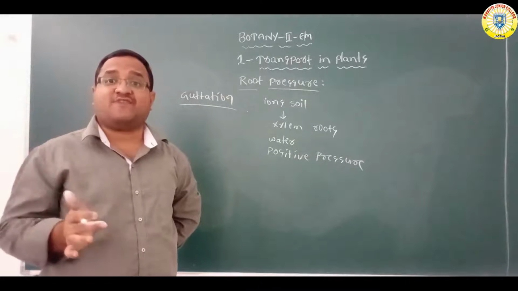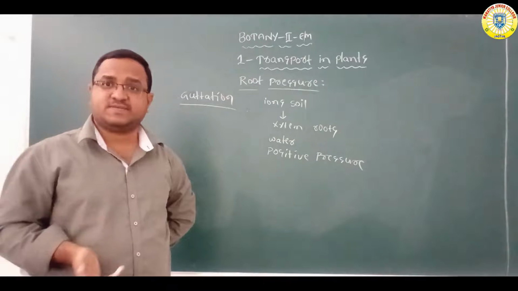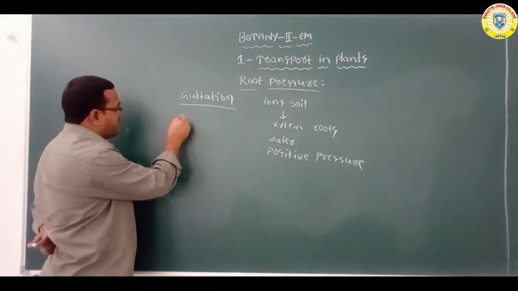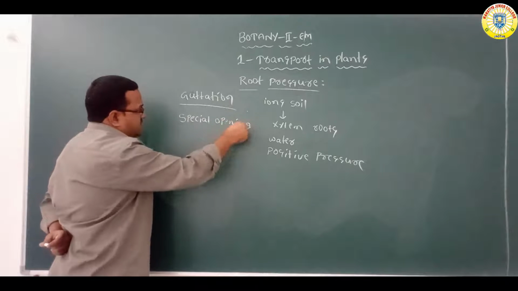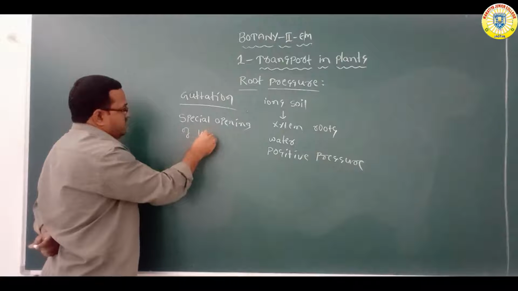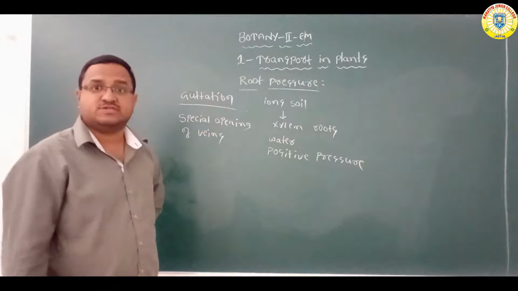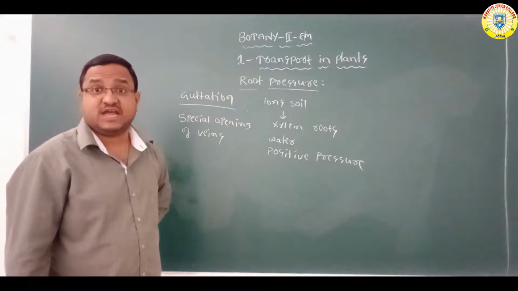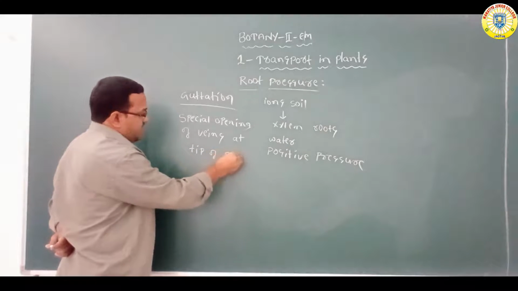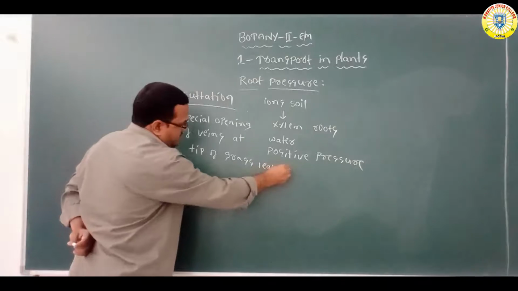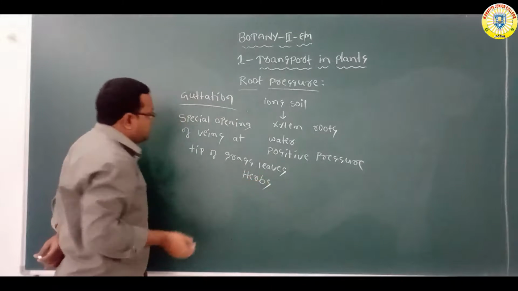Excess water collects in the form of droplets through the special openings of veins at the tip of grass leaves or herbaceous plants, herbs. Grass leaves are herbs. So the process is called guttation.